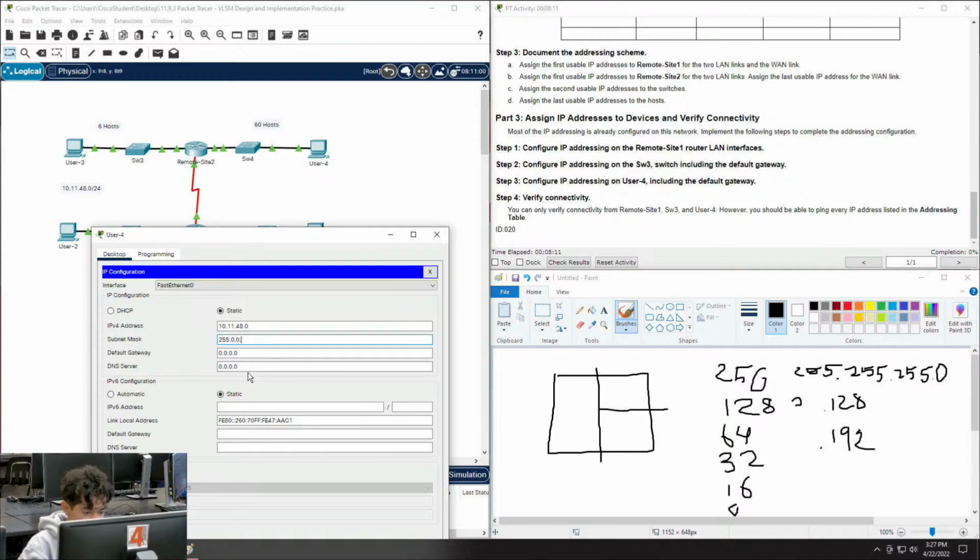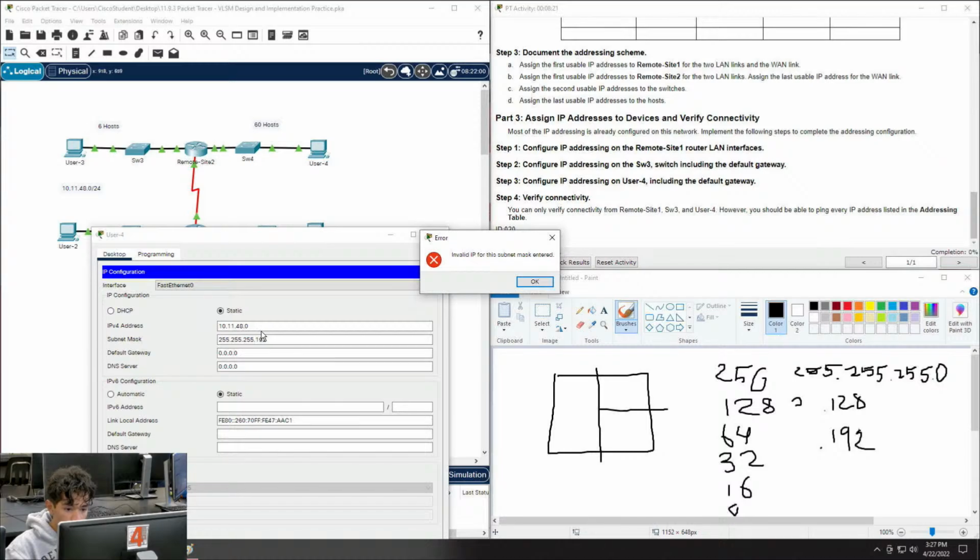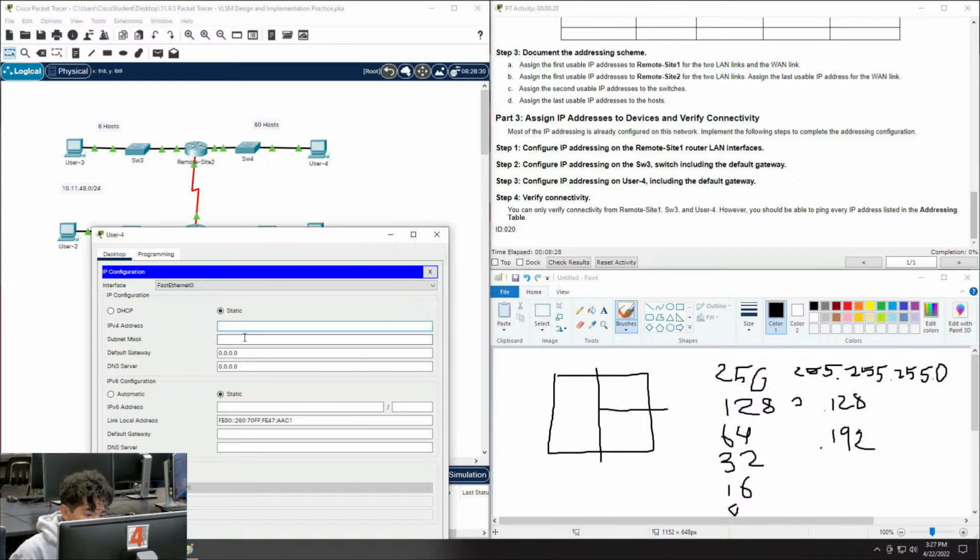So let's write down the subnet mask, 255.255.255, and /26 we know is .192. Here, let me try to figure this out for a second.